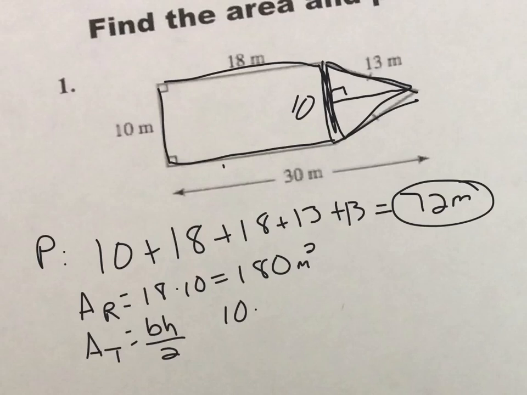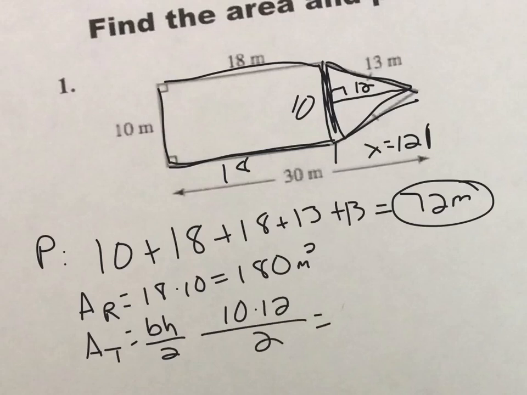This side is 18, and from here to here is x, which we're trying to find. 18 plus x has to equal 30, so x is equal to 12. So this height is 12. I take 10 times 12, which is 120, divided by 2, which is 60 meters squared.